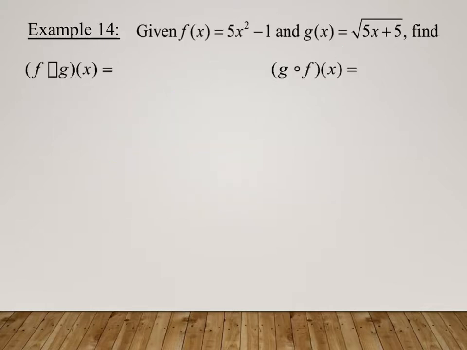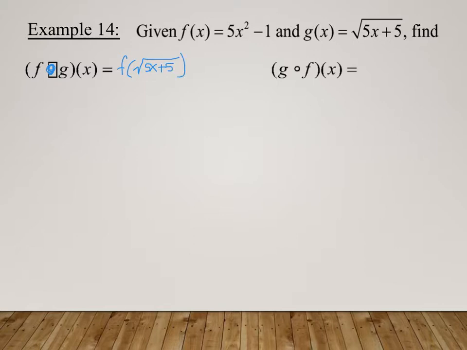So again, in example 14, we're also going to do the fog and golf. So the first one is f g of x, right? So here we're going to do f the square root of 5x plus 5.